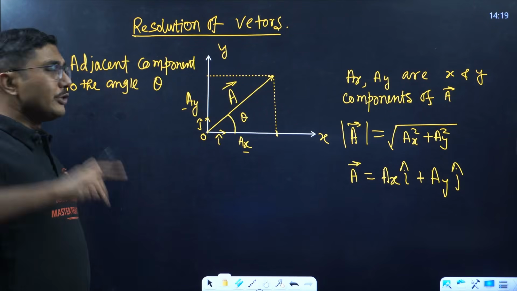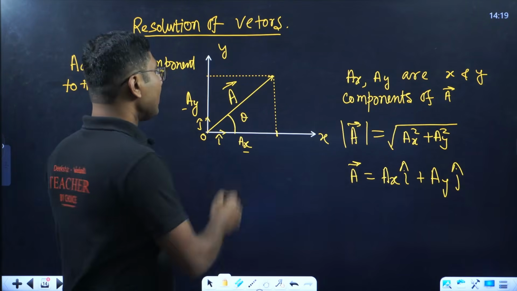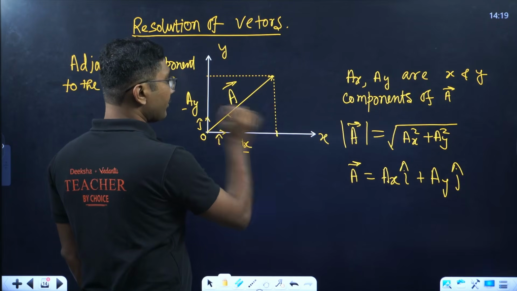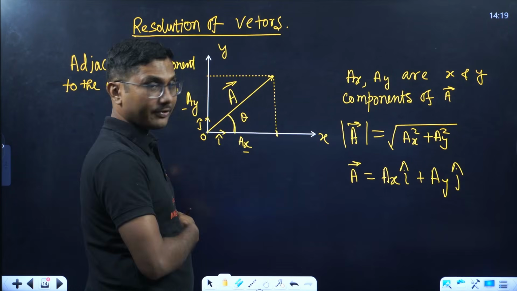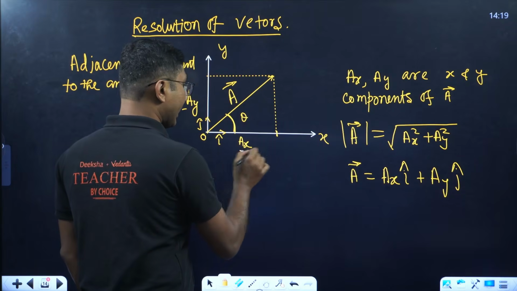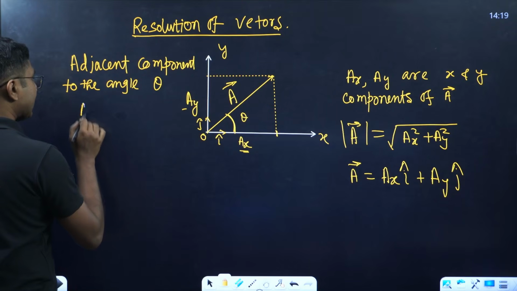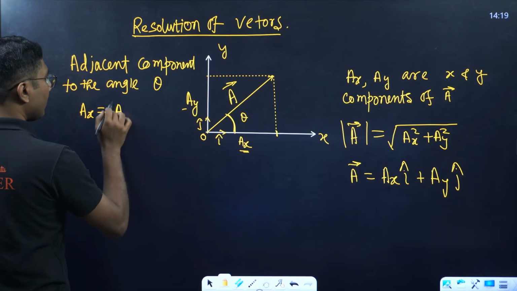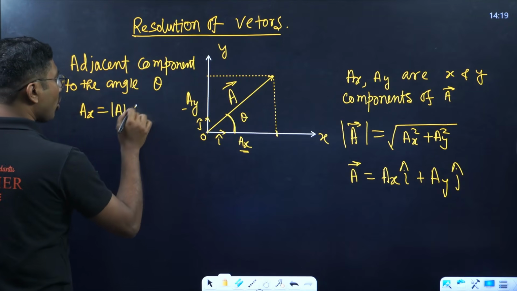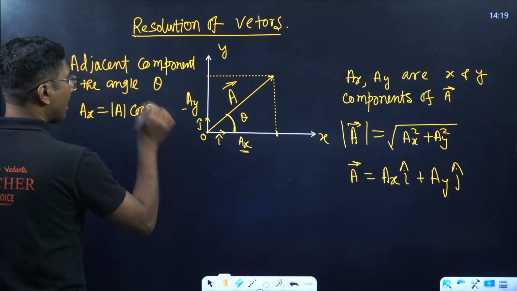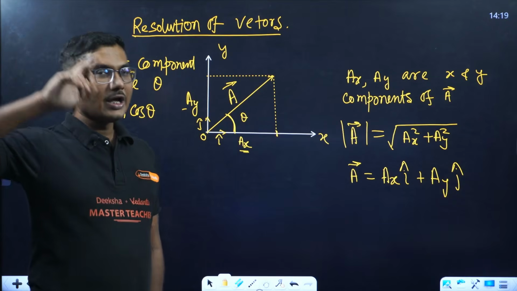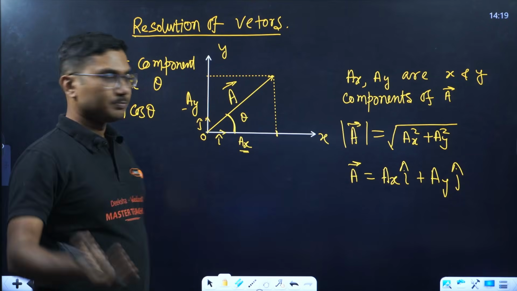You only have to remember that if you know this angle, these two axes are perpendicular to each other. This is my mother vector. So the x component can be written as ax equals the magnitude of the mother vector times cos theta. Adjacent components are always a cos theta.